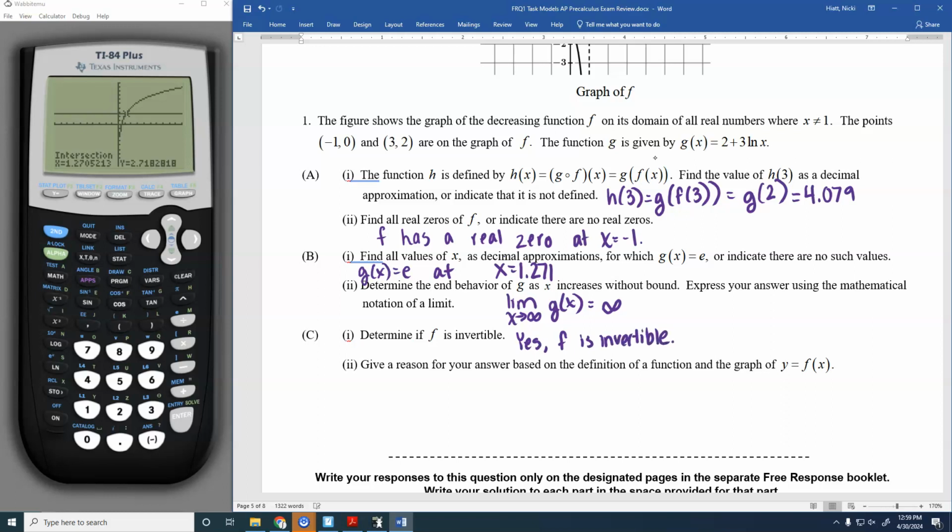Because the reason needs to be given in part 2. Give a reason for your answer based on the definition of a function on the graph of y equals f of x. I can say since y equals f of x is a 1-to-1 function, f is invertible.